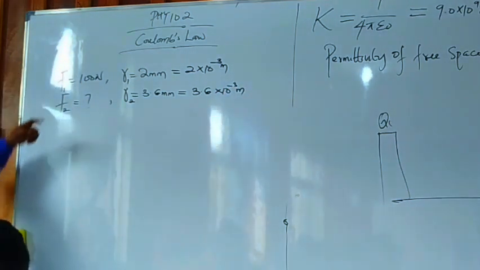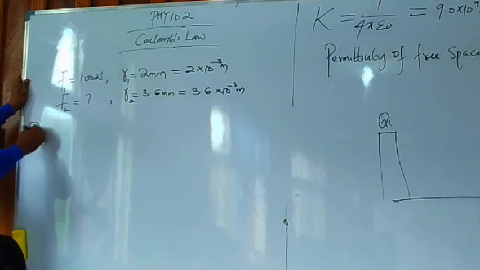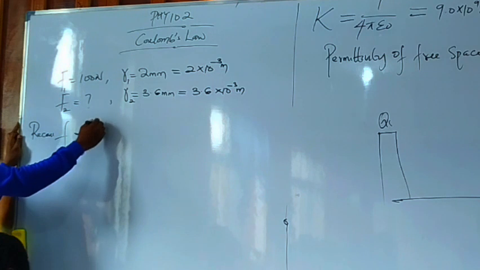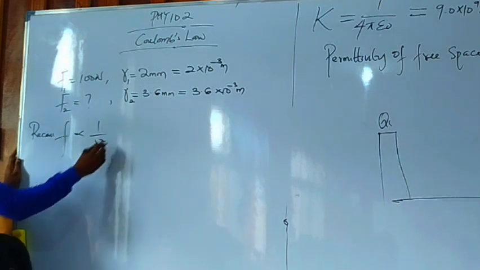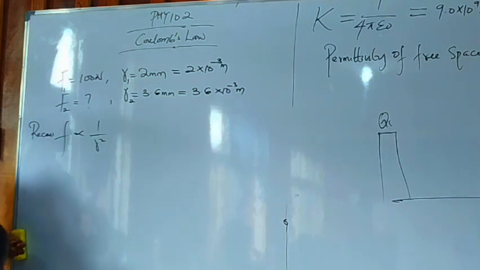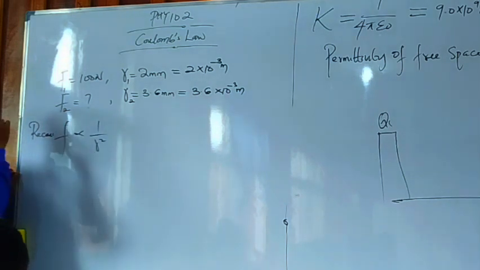Are you aware? You convert your measurements to meter. So recall that force is proportional to 1 over R square. Do you know why I'm using this formula? Because the question centers on force and distance, not on the charge.